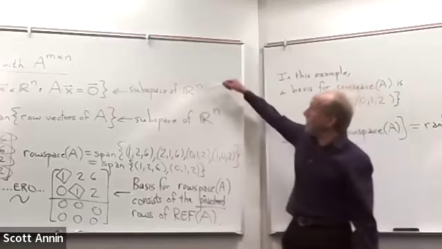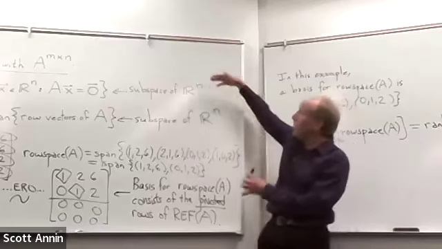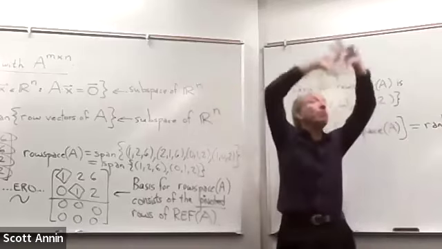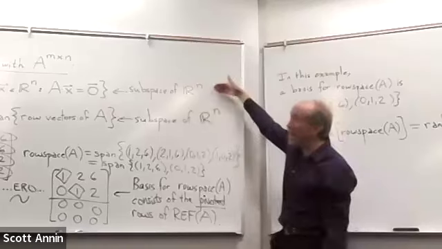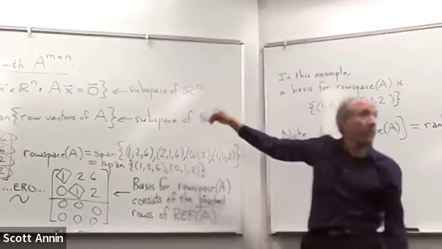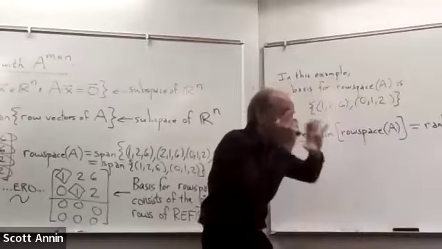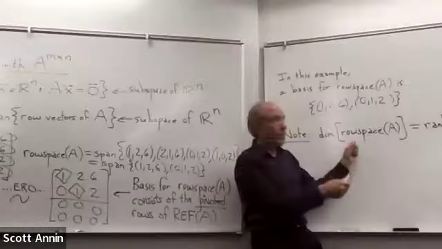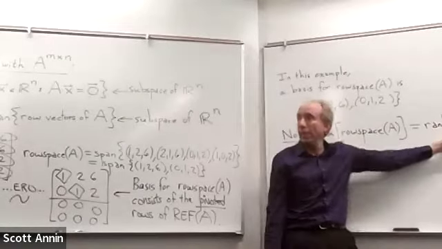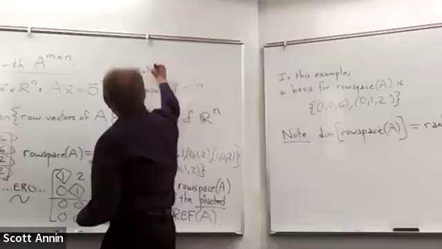Okay, so it's interesting, both the null space and the row space, they are both living in the same big universe. They're both living as subspaces of Rn, but they don't have the same dimension, do they? The row space only has this dimension, whereas the null space had a dimension which was the nullity.